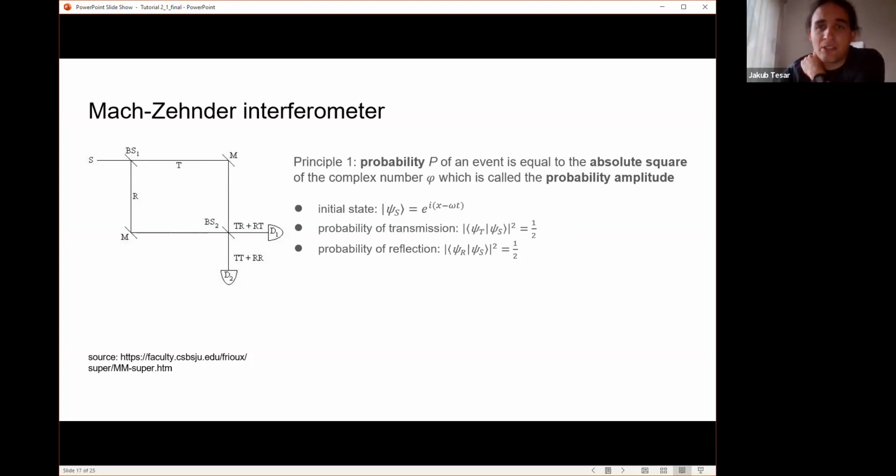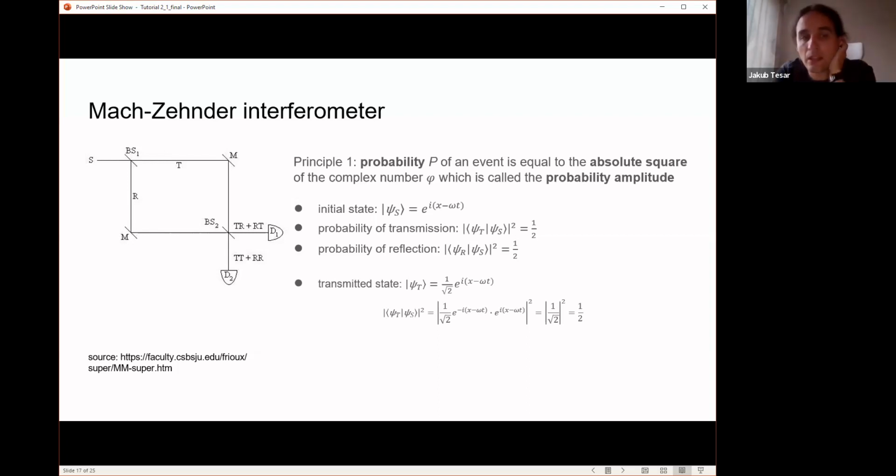Then the interesting question: the first principle says that we should look for these probability amplitudes, which we should square. So the question is, what is actually inside these brackets that we should square? There are actually 4 ways to solve this equation, but I will use only 2 of them.